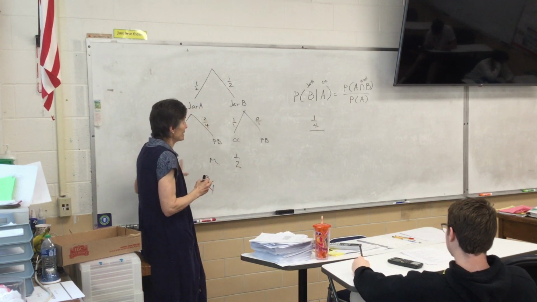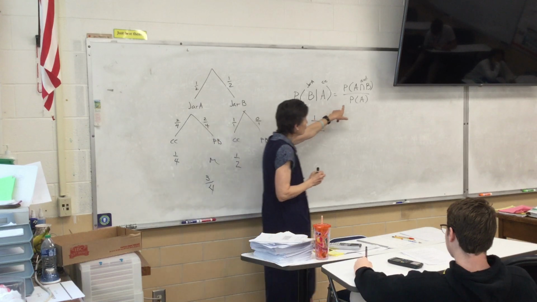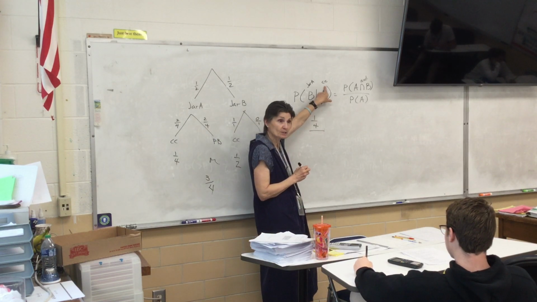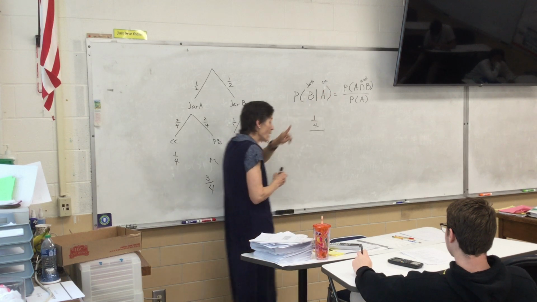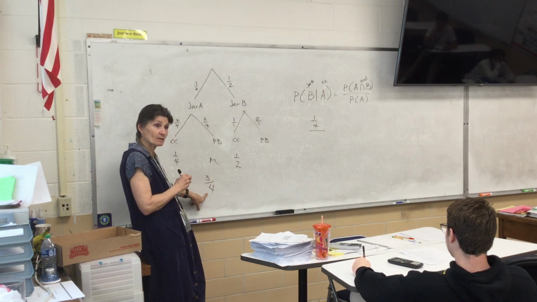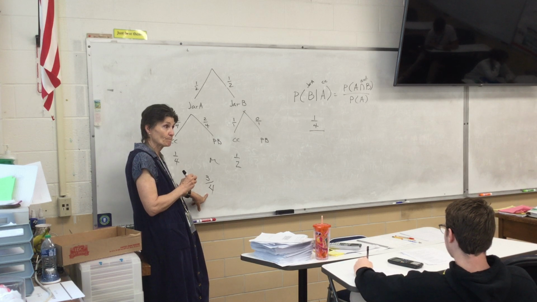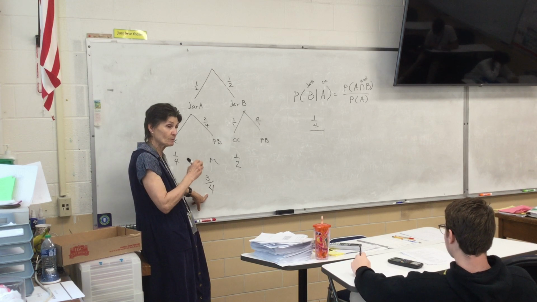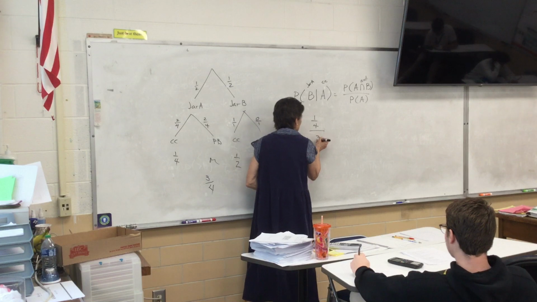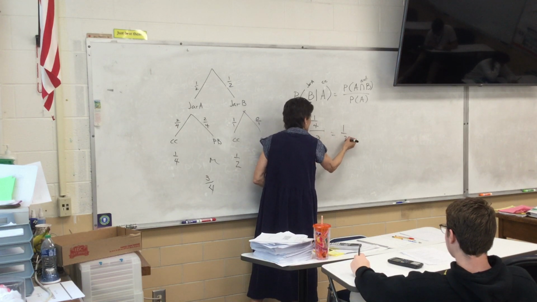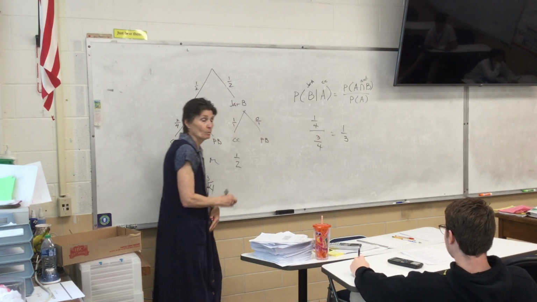And then the denominator is the total probability of chocolate chip, which you have figured out already was 3/4. The probability you get a chocolate chip cookie is 3/4. So what's the answer to the question? 1/3.